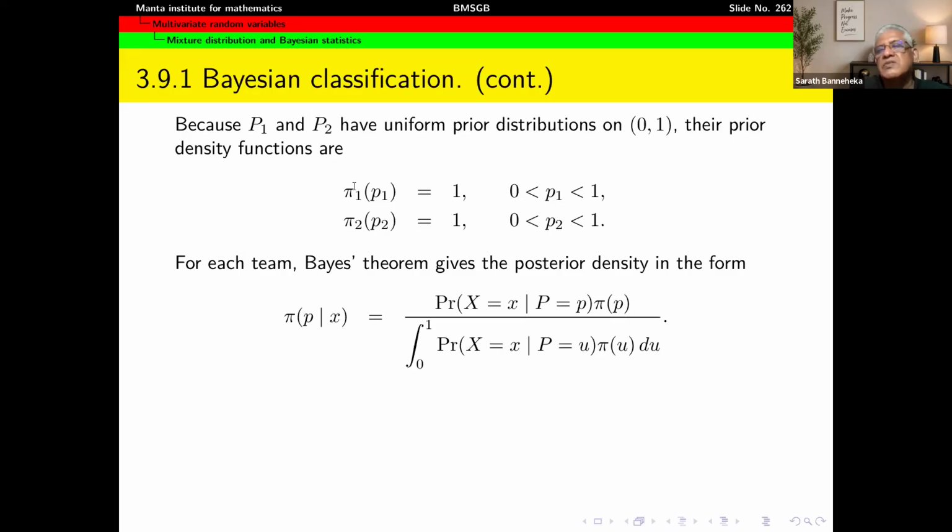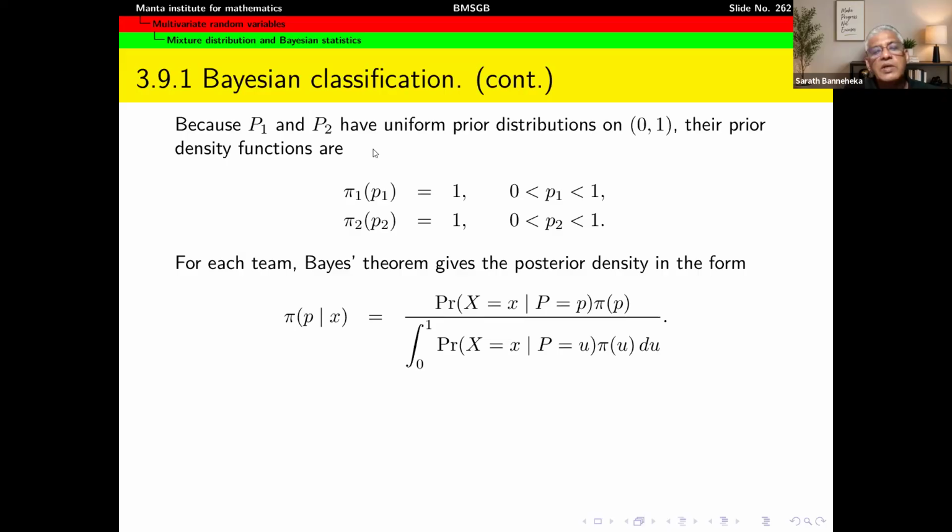There's a difference: the usual density functions are denoted by f, but the priors are denoted by pi's here in the book. So I denote them by pi1 of p1 equal to 1 when p1 is between 0 and 1. So this is actually a uniform distribution, and pi2 will also be given by this. So these are called prior distributions.